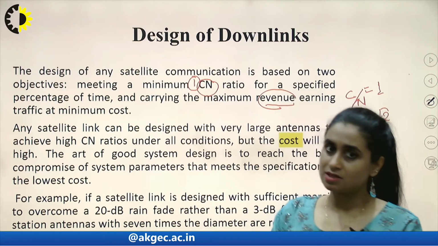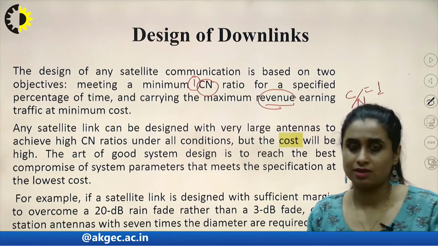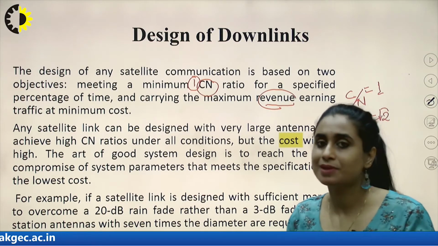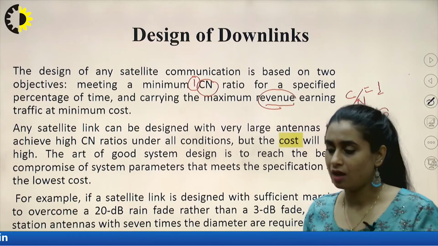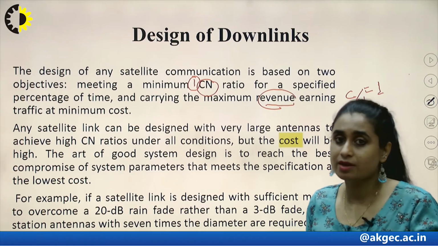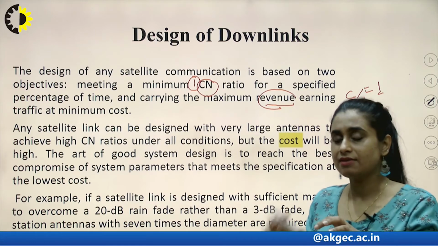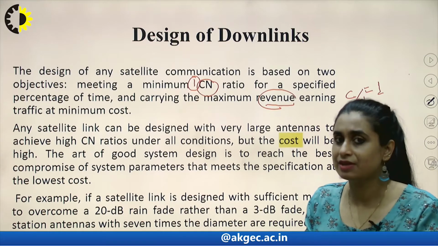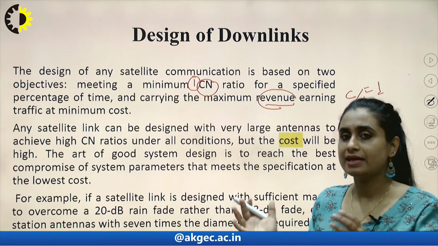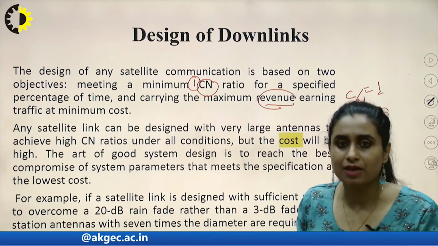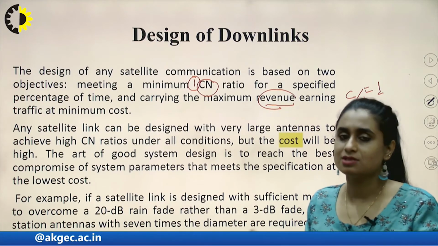The other requirement is of course the finances associated with it, that is the budget. If my system works well with minimum budget, and in case of satellite communication, how do I call it? It is working well with minimum input cost if it is giving maximum revenue, by carrying more traffic in the available bandwidth. Then that system is a good system.